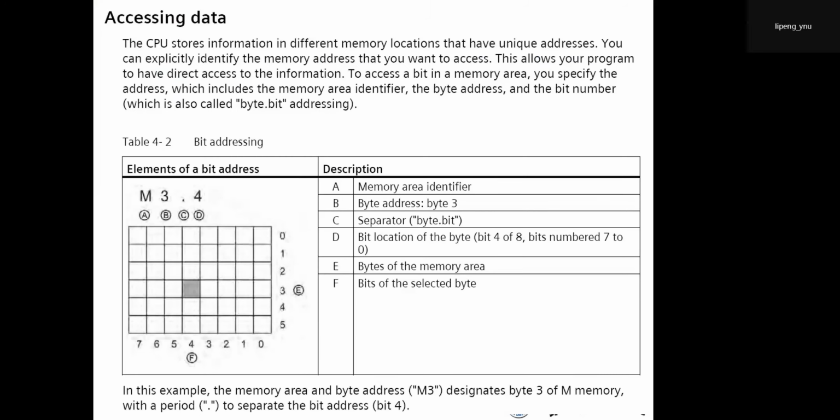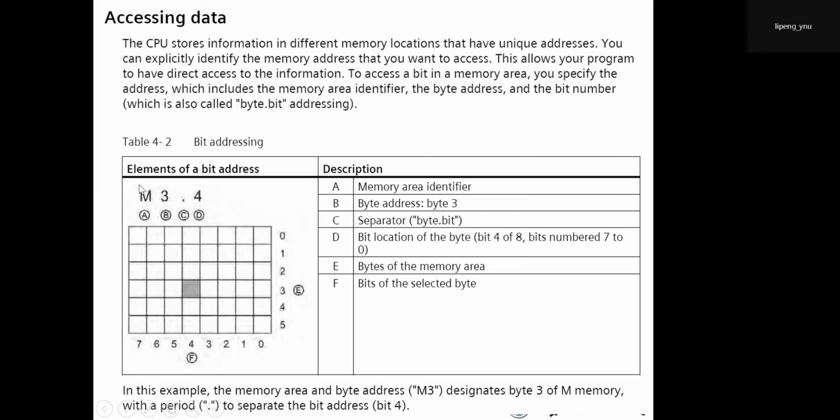So if we define a variable, you can use this method, such as AM 3.4. What does this mean?